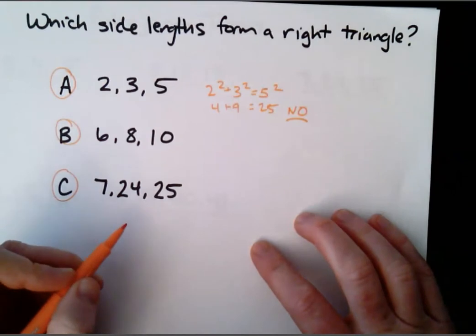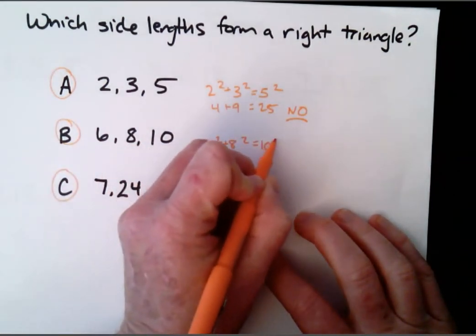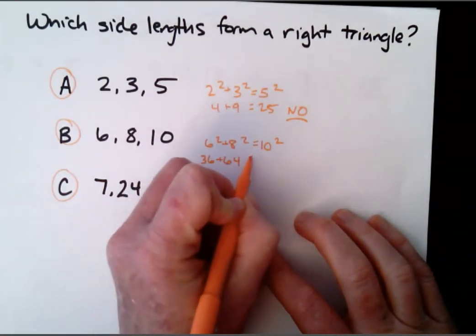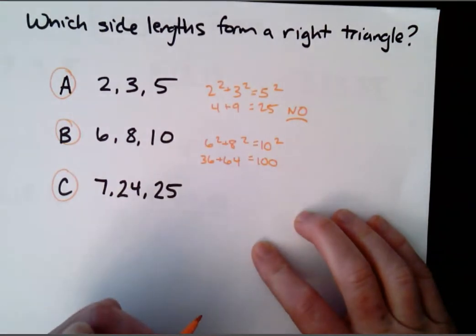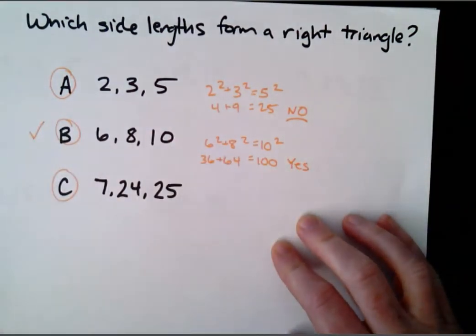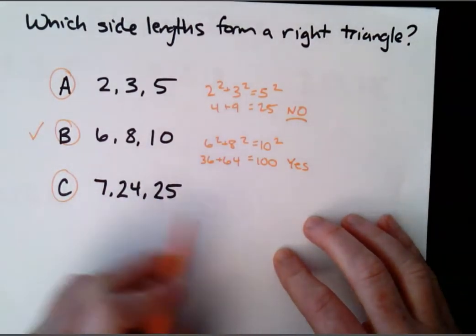6, 8, 10. Is 6 squared plus 8 squared equal to 10 squared? 36 plus 64, is that equal to 100? Yes. So this is a right triangle. About 7, 24, 25. I think we just did that.